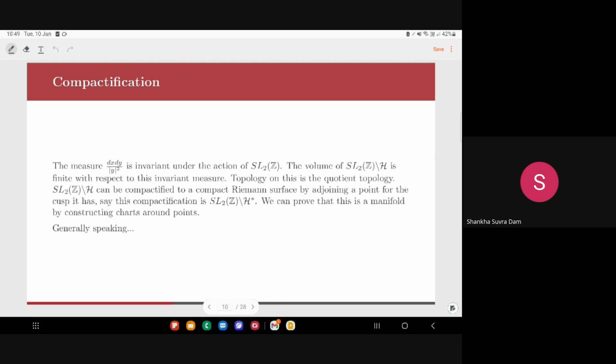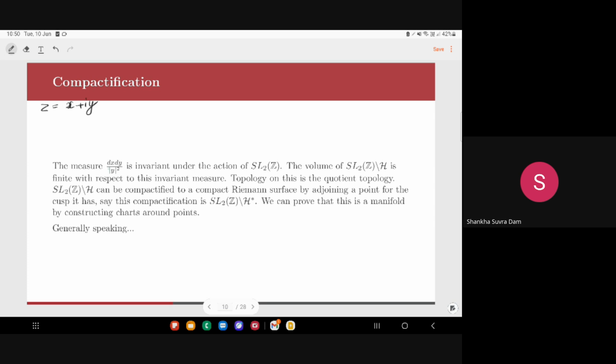Compactification. So the measure dx dy by y square here, dx and dy are like when we say z is equal to x plus iy, I mean the partial derivatives to be in terms of these x and y.